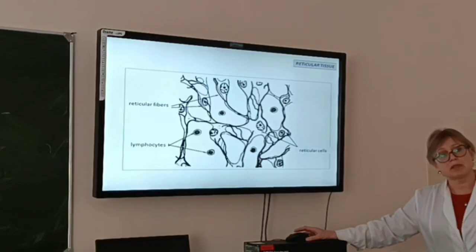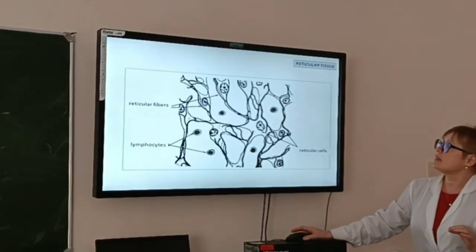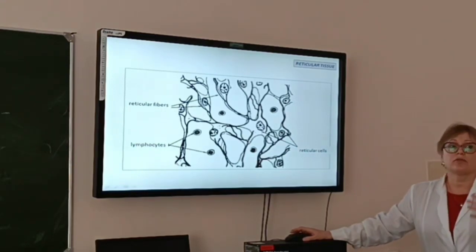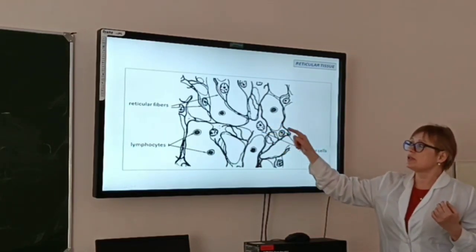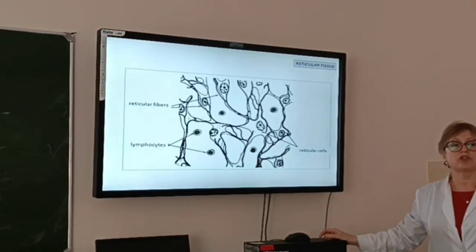Reticular fibers are a specific type of collagen fibers. And look please, this cell has processes like a fibroblast, but they join with each other by these processes and form a three-dimensional network.